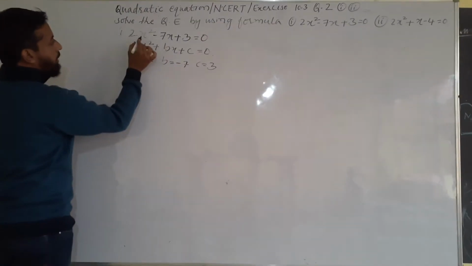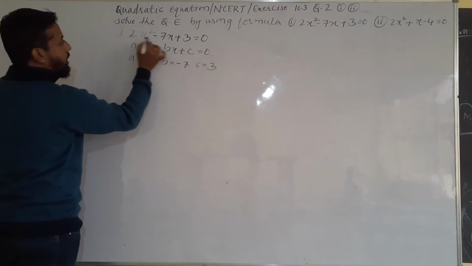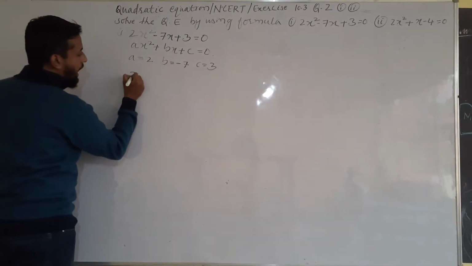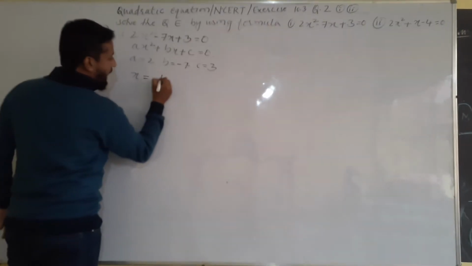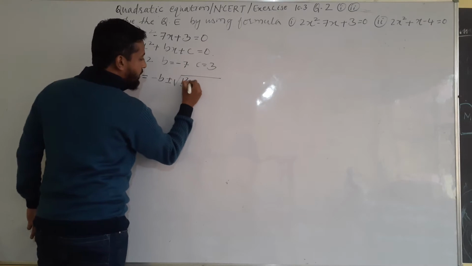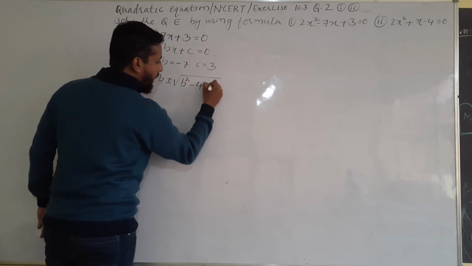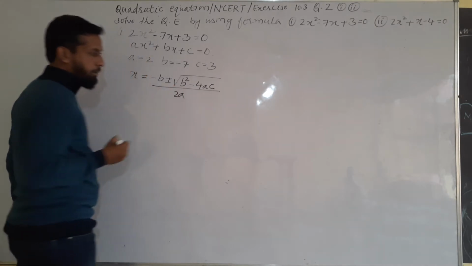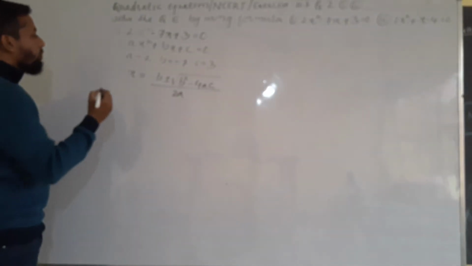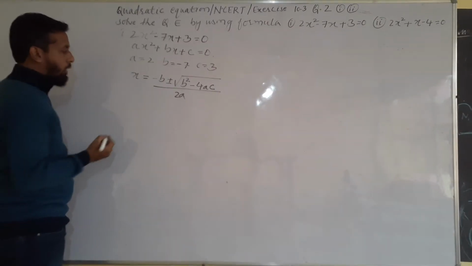Now the variable used in the quadratic equation is x. So we will write x is equal to minus b plus or minus under root of b square minus 4ac divided by 2a. Now we will substitute the values.